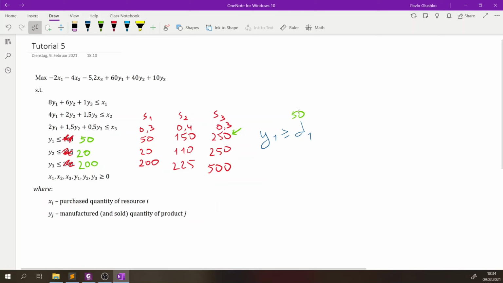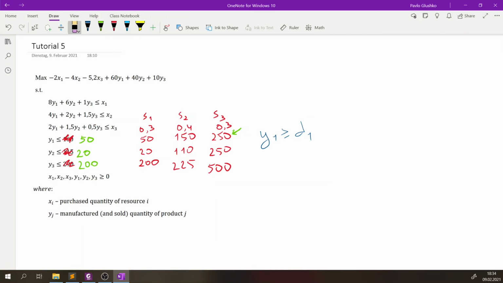And a solution at most 50 would violate the constraint for scenario 3. So if scenario 3 realizes, this y1 would have to be larger than 250. And 50 is, of course, not more than 250.